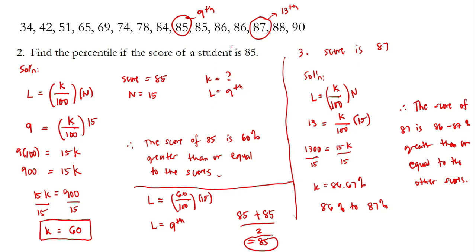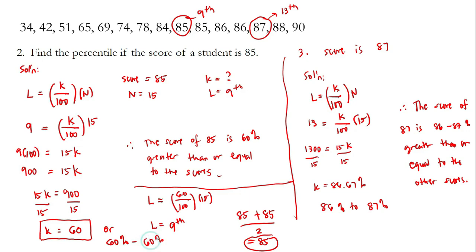But say for example, class, if this is not 85, and if you cannot see there exactly the 60th percentile, then maybe we could also have this one as 60% to 61%, to be sure. It can be from 60 to 61.